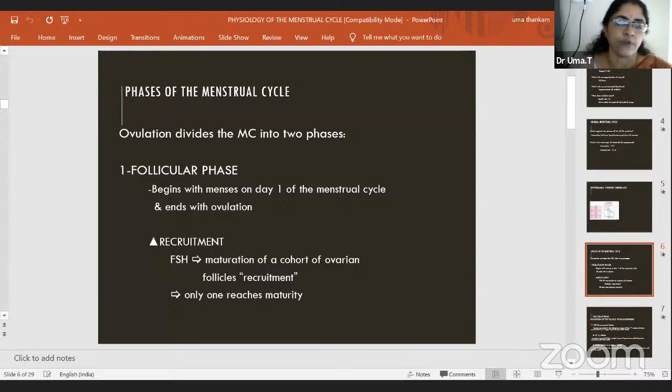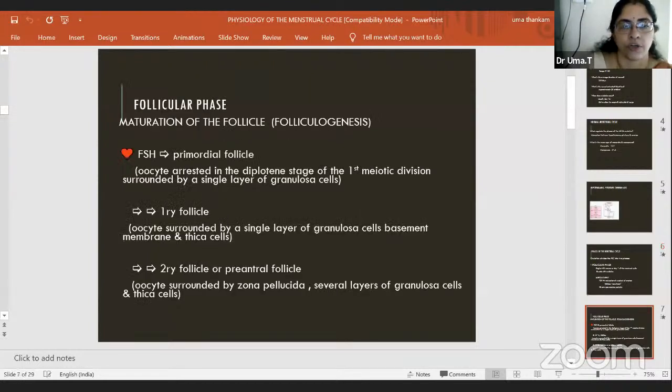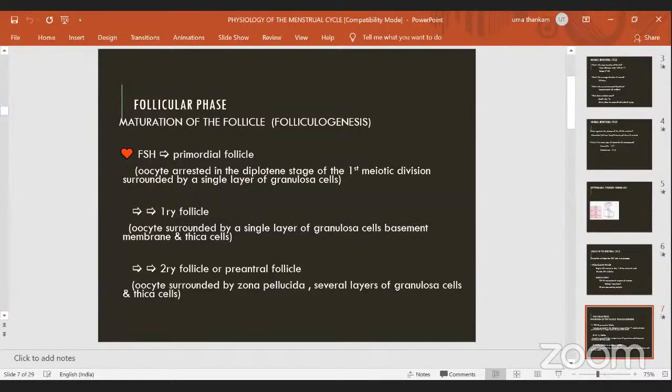So under the influence of FSH, there is a maturation of a cohort of ovarian follicles, and only one of them reaches maturity. This is folliculogenesis. FSH acts on the primordial follicles, where the oocyte is arrested at the diplotene stage of the first meiotic division, surrounded by a single layer of granulosa cells.